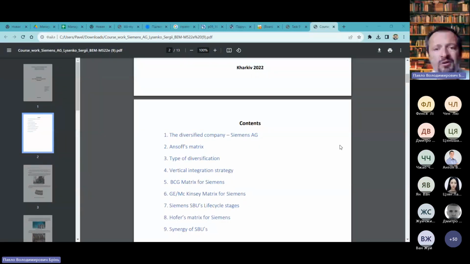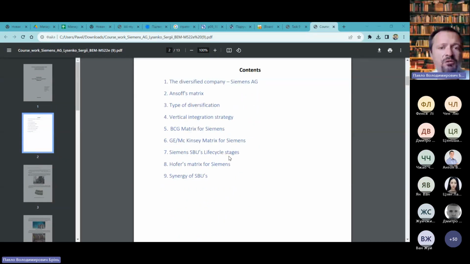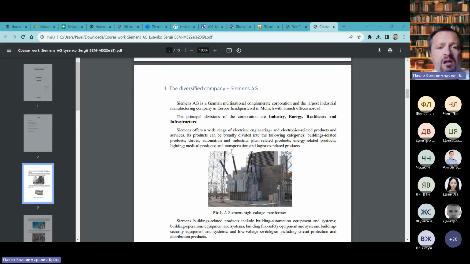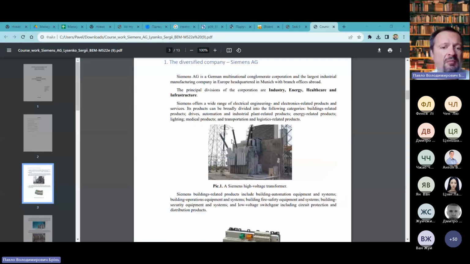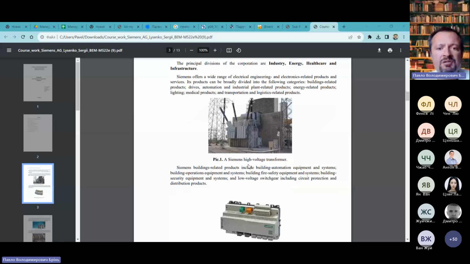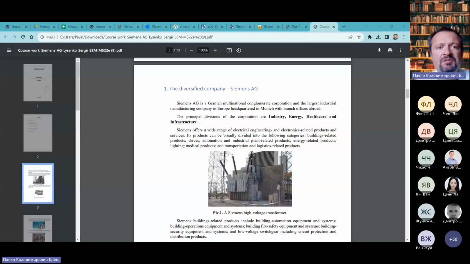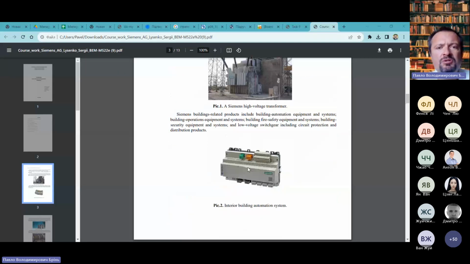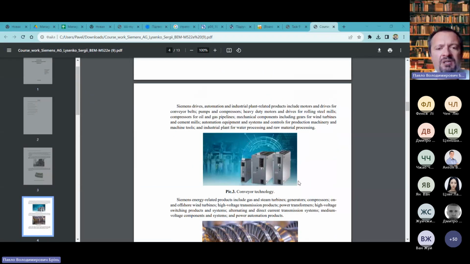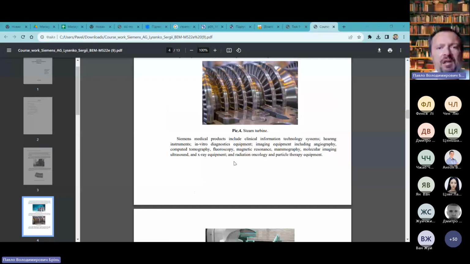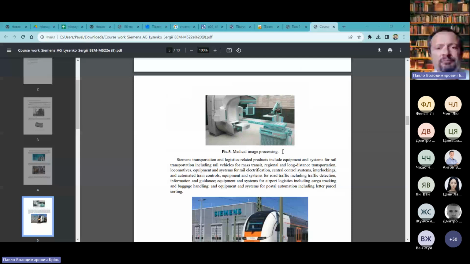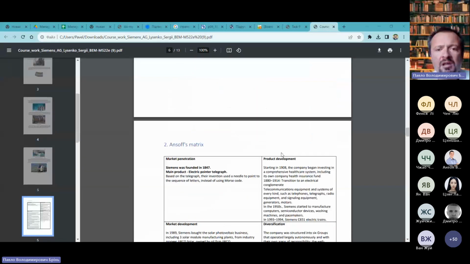At the end of the course you will have such a document. First of all, the first task is presenting the company. It can be any diversified company. This student took the Siemens company, so there are some images of products.